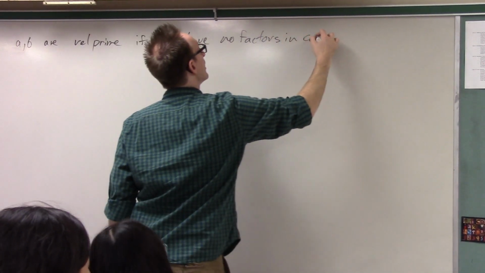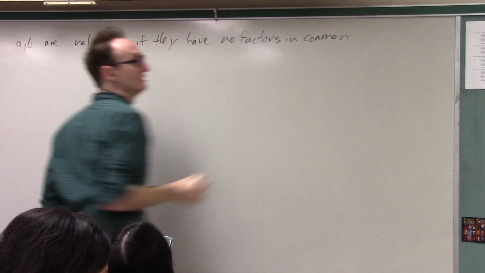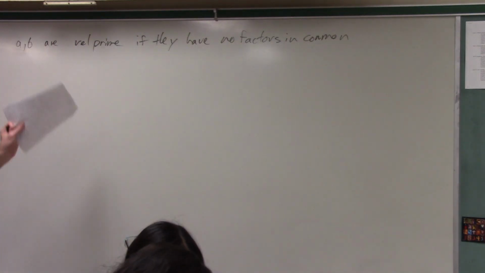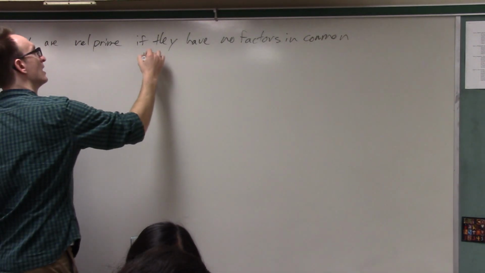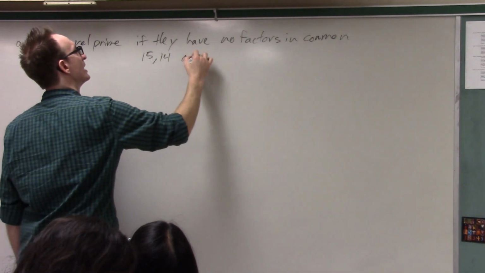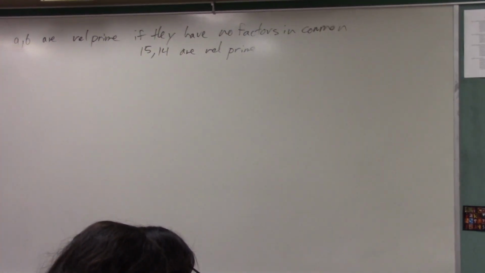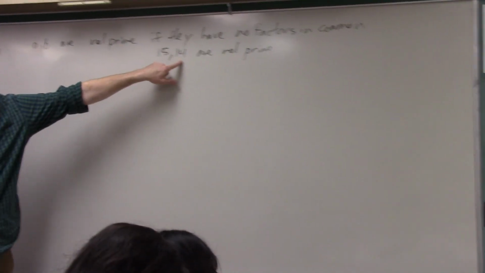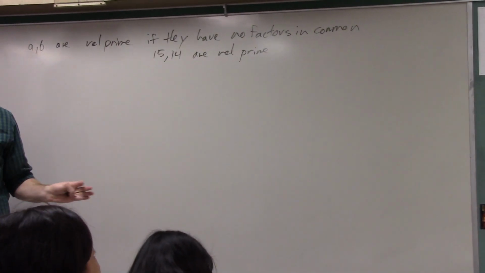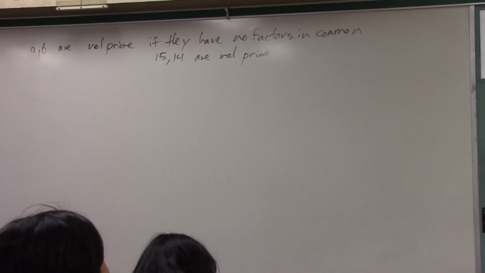So, for example, 15 and 14 are relatively prime, even though neither of them is prime, as 15 is 5 times 3 and 14 is 7 times 2. Cool? Okay. So that's like a thing.